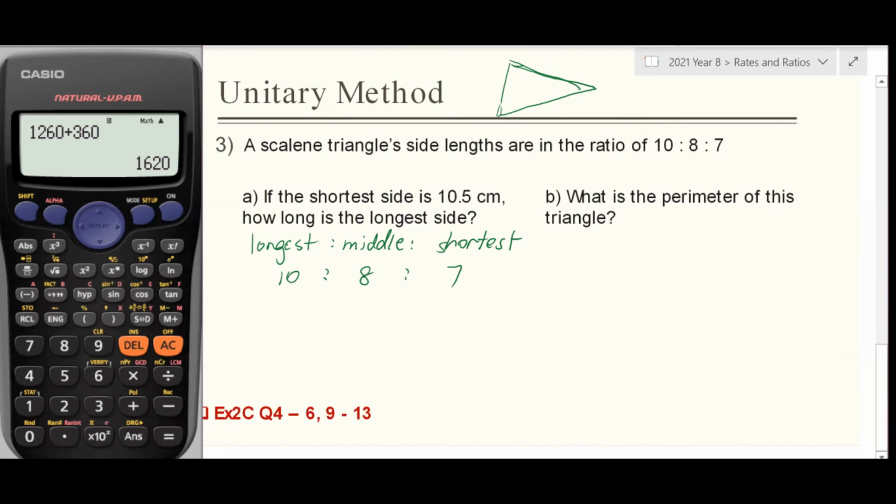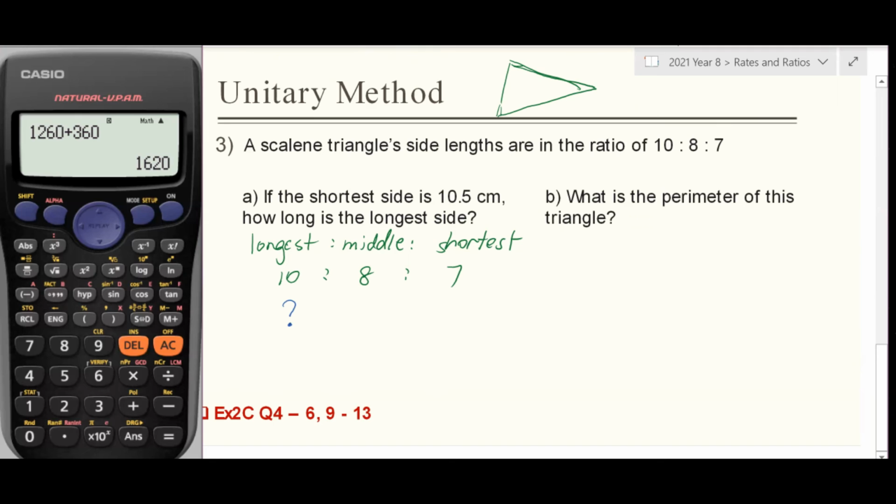Now, the reason why I know which one each of these are is because you can tell by comparing the size of the numbers. The larger the size of the number, the greater the actual number is, because they need to be kept in proportion. According to this, it's asking us how long the longest side is. I will put a question mark here.